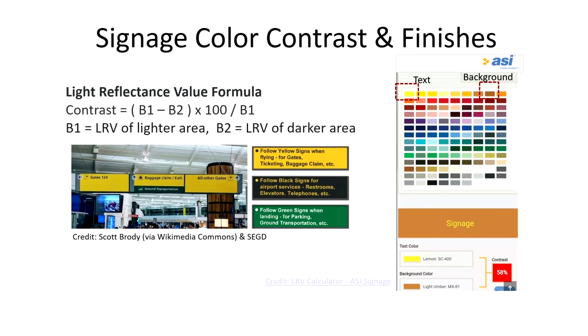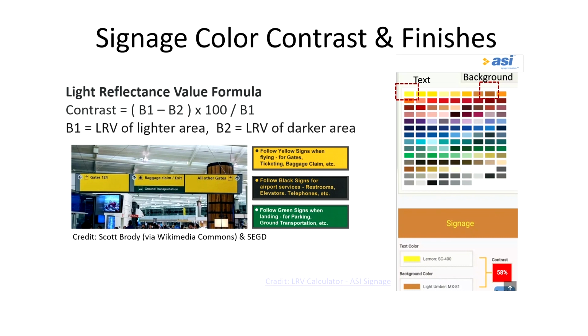So, let's understand what a light reflecting value is. You can see the formula here, which is very effective for calculating the contrast. This can be easily calculated by comparing the light reflecting value of the lighter and darker area.